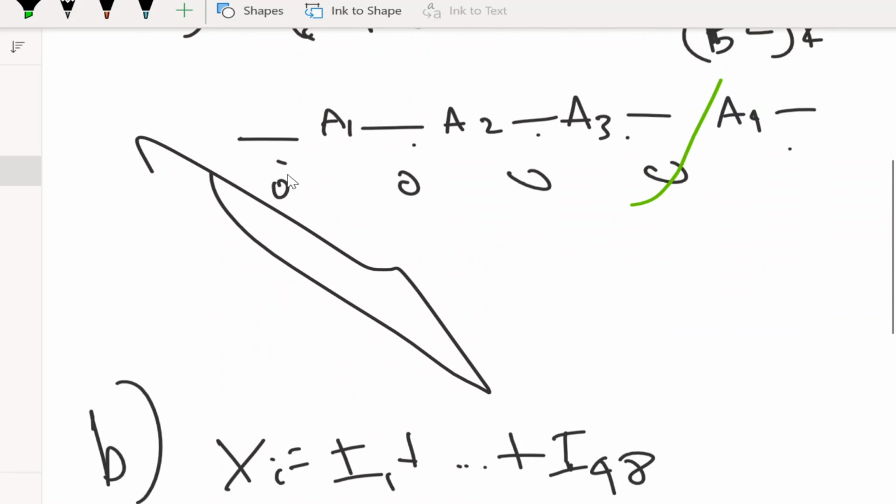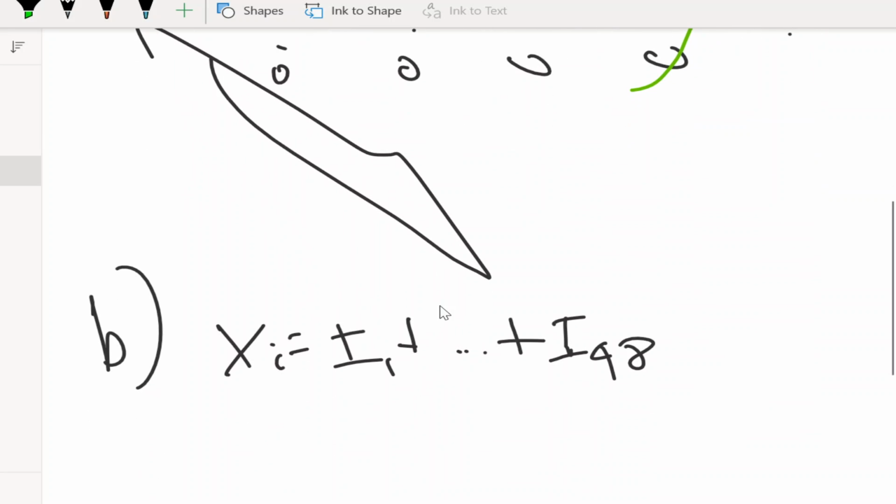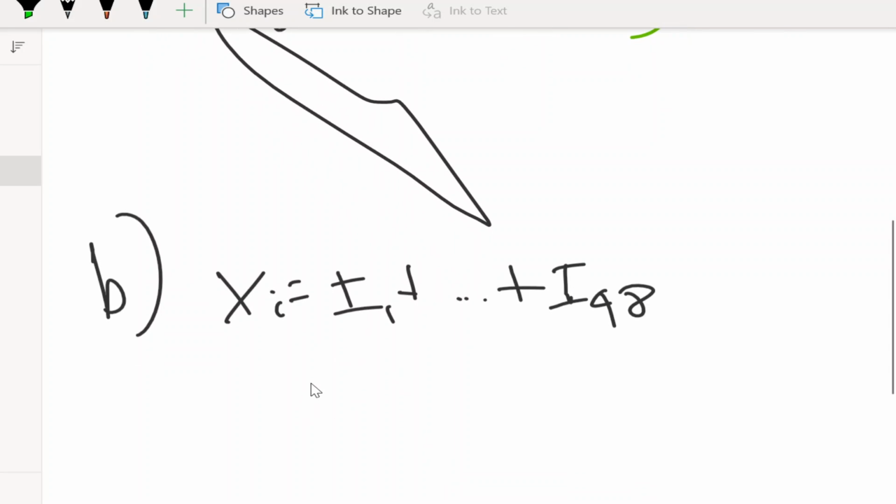For example, in x1, if I1 is equal to 1 and I2 is equal to 1, and everything else is equal to 0, then xi would be equal to 2. As a reminder, each indicator can be equal to 1 or 0, and each indicator represents some non-ace card.